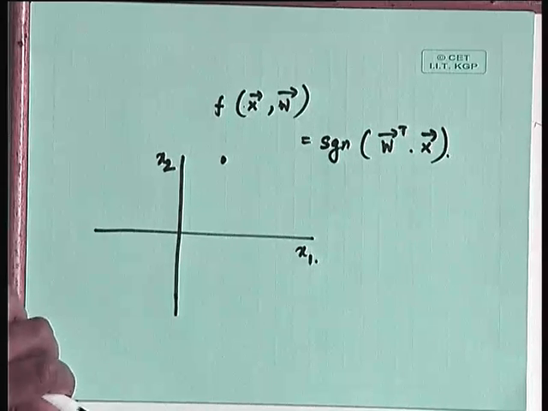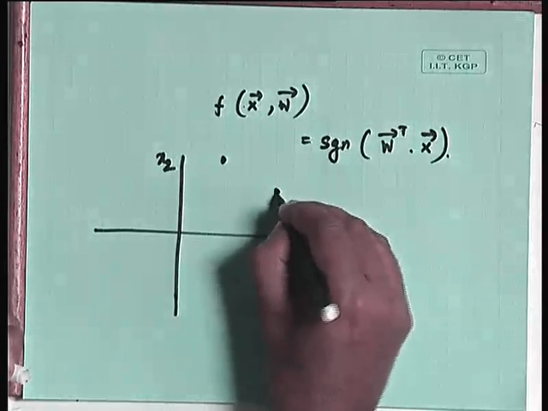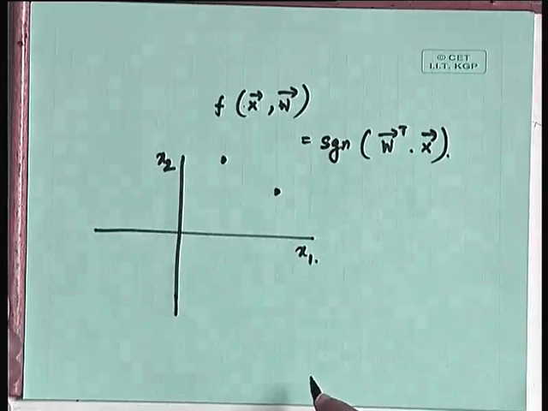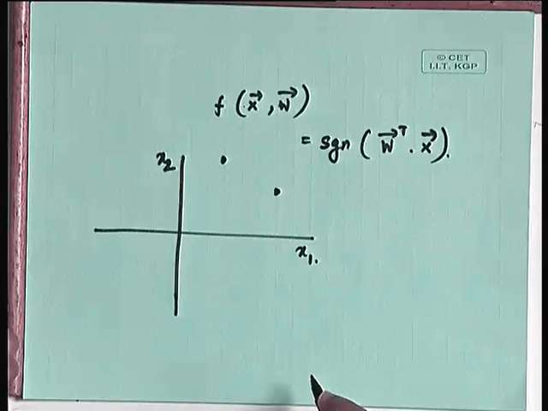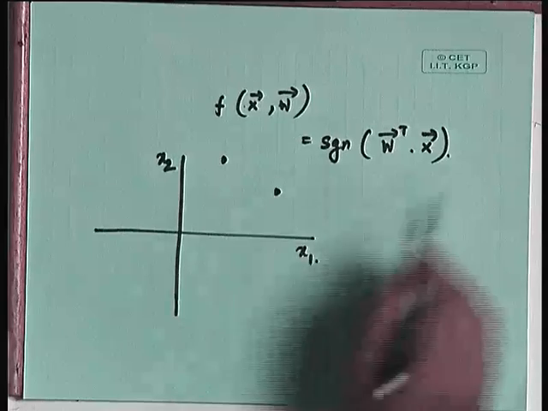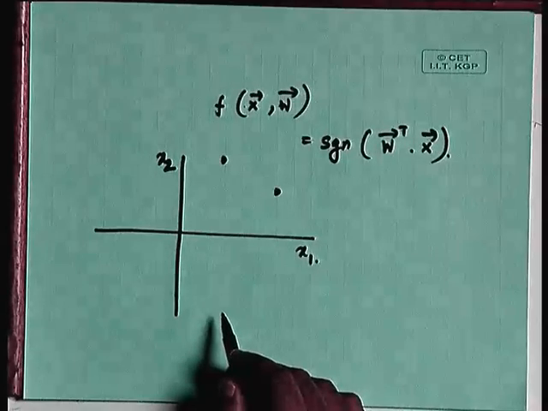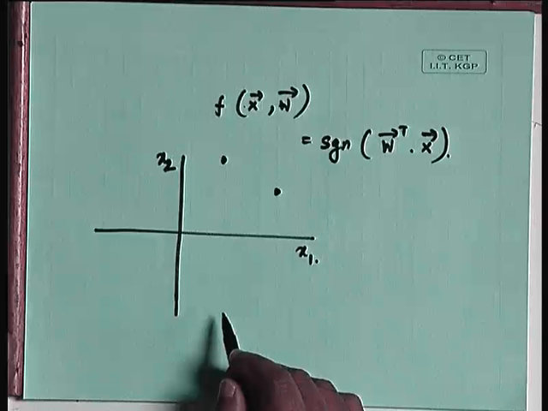Now, supposing I take one pattern over here and another pattern over here. Is it possible to shatter these 2 points using a straight line of this form? Are you sure? Answer is yes or no? You are saying yes.